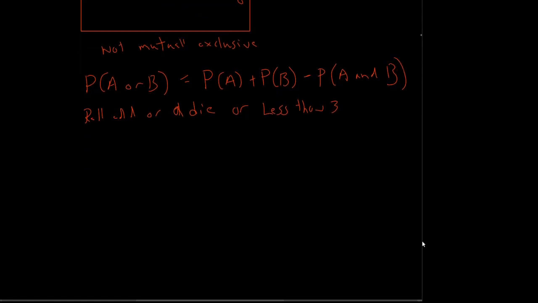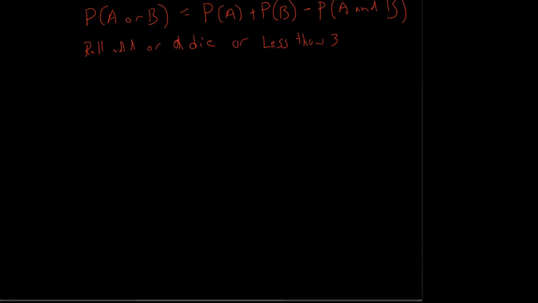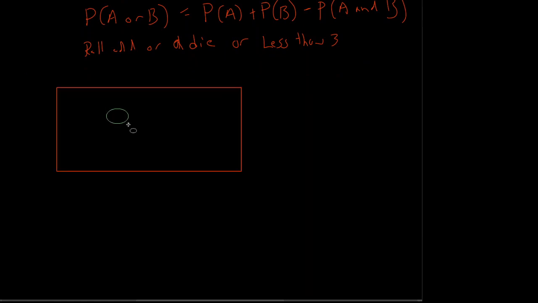And so I will draw my probability space for this here. Let me make that bigger. Get my circles there. All right, so odd numbers are 1, 3, and 5. And then less than 3 is 1 and 2. And they share one outcome.